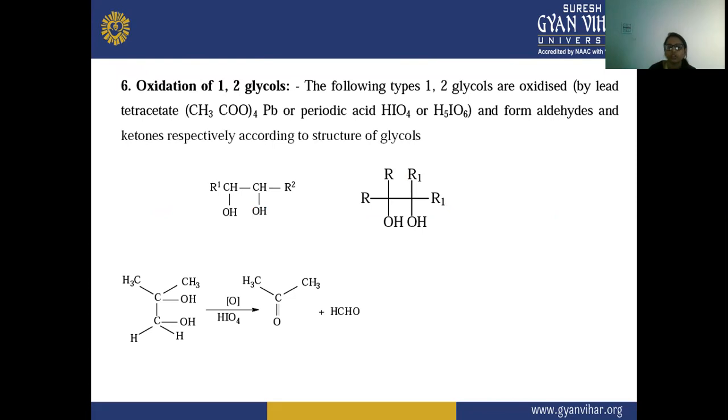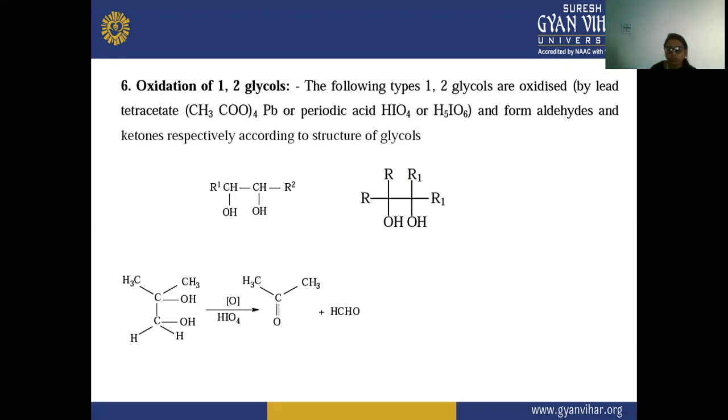Next is the oxidation of 1,2-glycol. The following 1,2-glycols are oxidized by lead tetraacetate, that is (CH3COO)4Pb, or periodic acid, that is HIO4 or H5IO6, and there is a formation of aldehyde and ketone respectively according to the structure of the glycol.